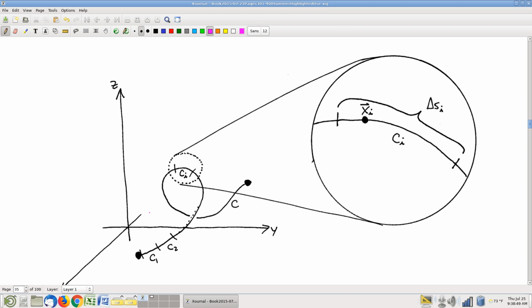It's chop it up, add it up. Same strategy that we did for single variable integrals, double integrals, triple integrals. We're going to do the same thing here. It's just that the chopping up looks a little different. There's that curve, and I can chop that up into little pieces, like so.